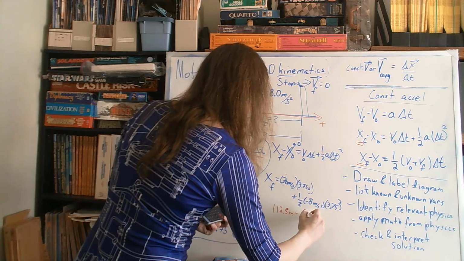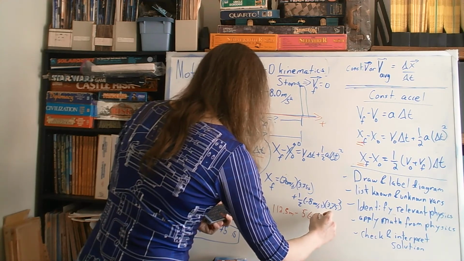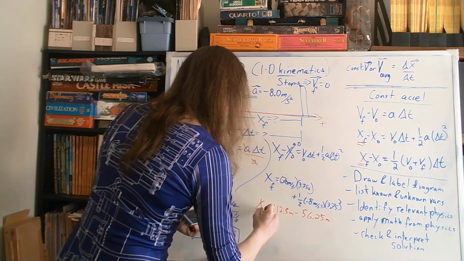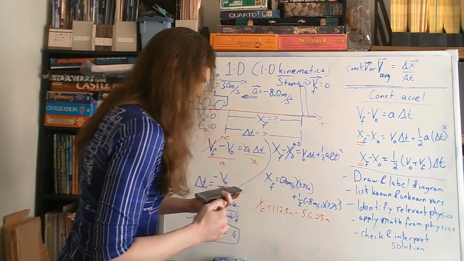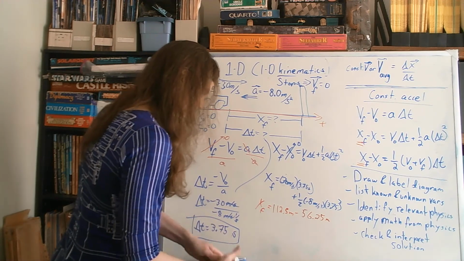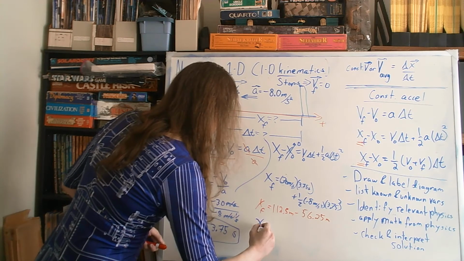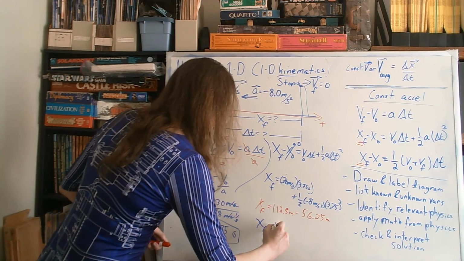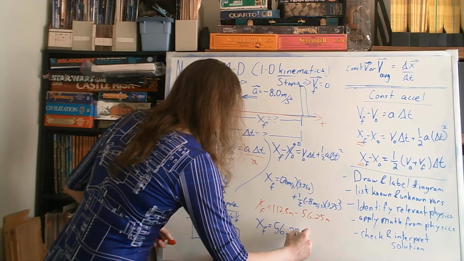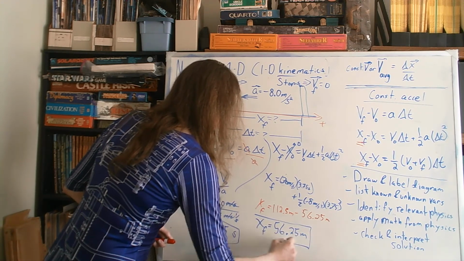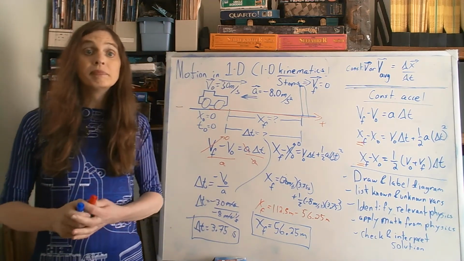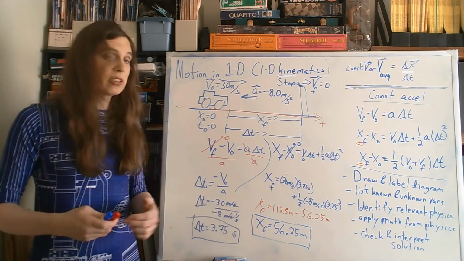Minus 56.25 meters. So that's going to yield positive 56.25 meters. Okay. And so that can be our answers there.